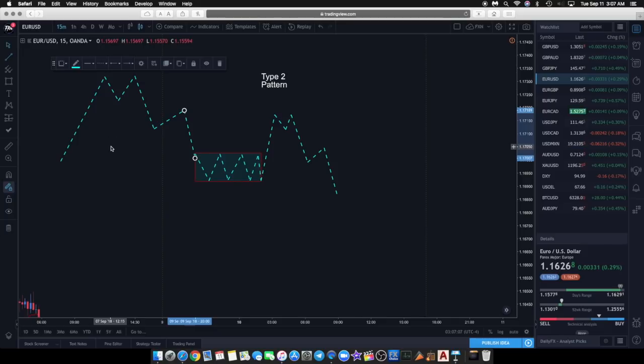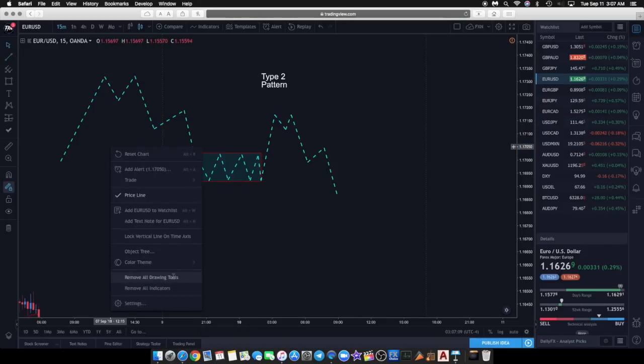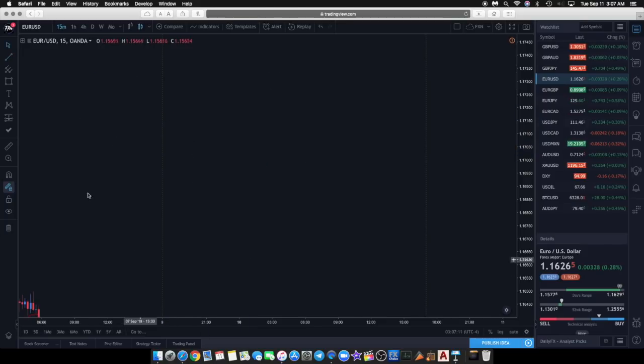All right, let's start this over real quick, and let's do the type 2 pattern now. So there's your Asian range accumulation. And then here's type 2.